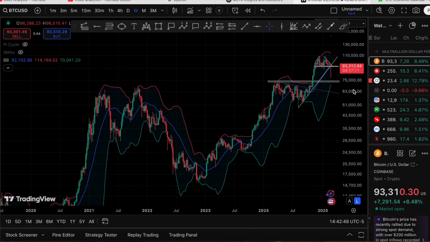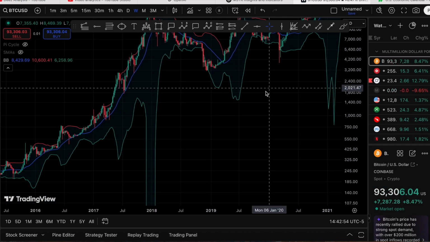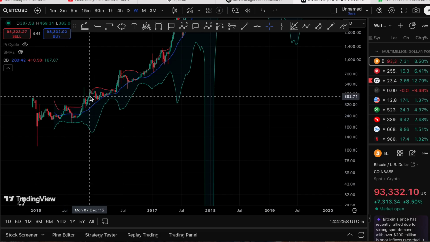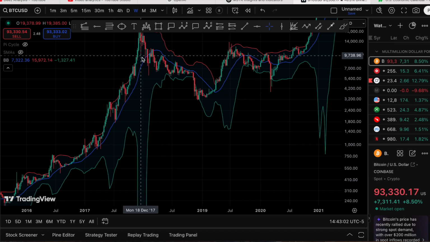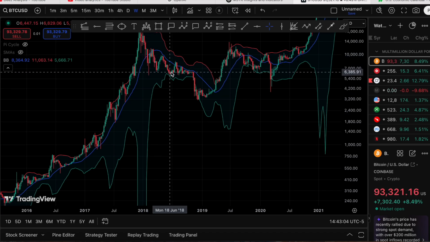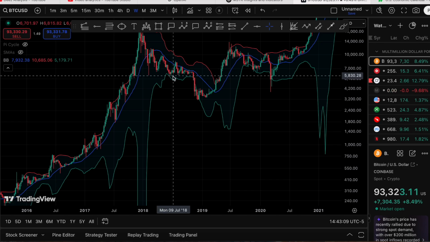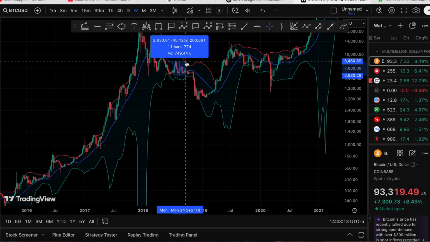So I'm going to give you some examples, and we're going to just run through every time that it touched the bottom. So we touched the bottom here, rallied up. Hug the blue line. We touch here. We had a push up, a decent size move. It doesn't look too big on the log scale, but that's a 45% move.